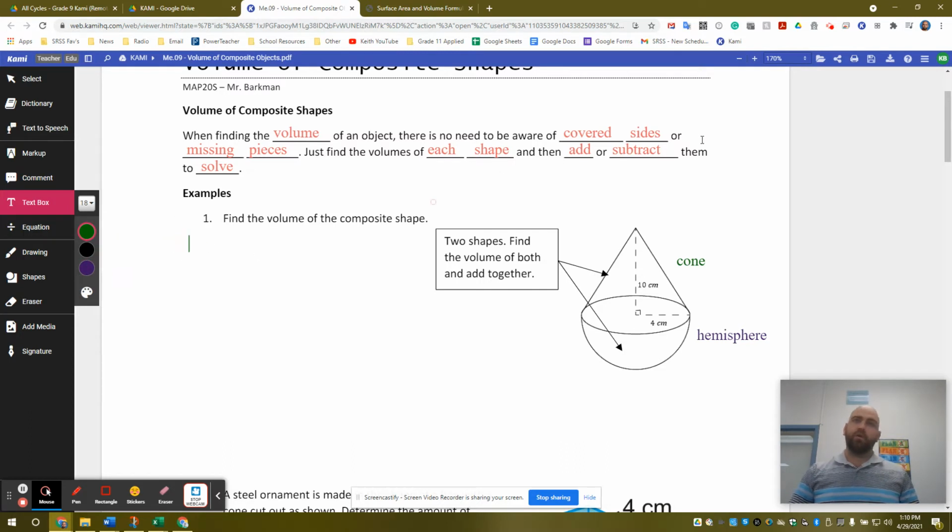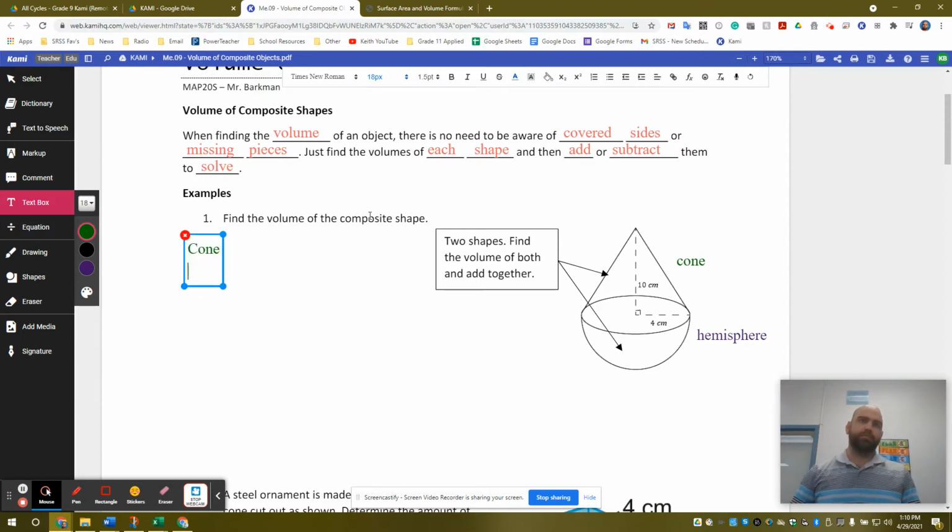I'm going to start with the volume of a cone, and I'm going to label it nicely here.